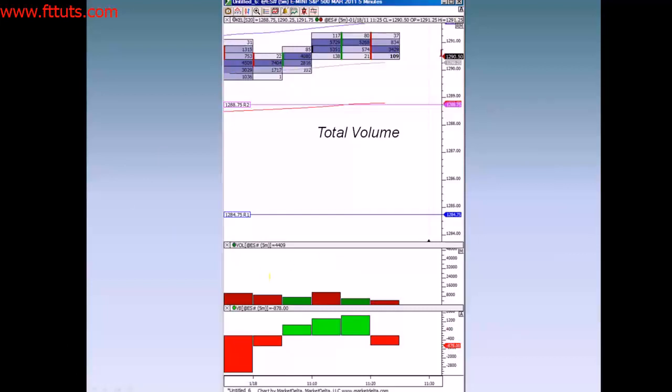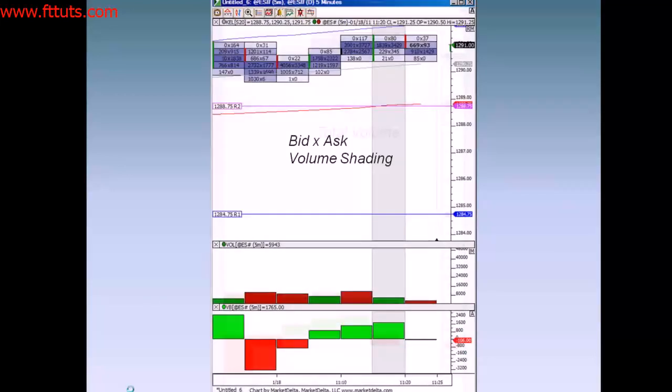Now, in this case, this is a period of very low volume, and you can see that down here on the volume chart. So we're not looking at anything of great significance. Now, we can also do bid-ask volume shading. In this case, we don't want it to tell us whether it was buying or selling volume. We just want to see the magnitude and the level of volume.